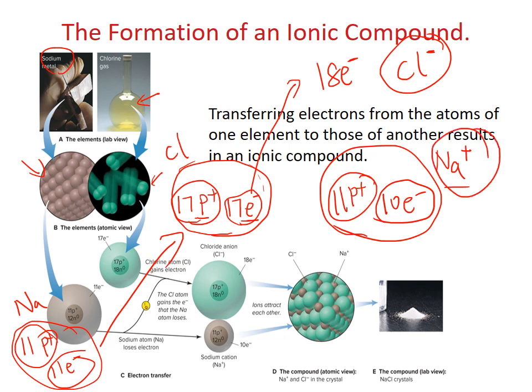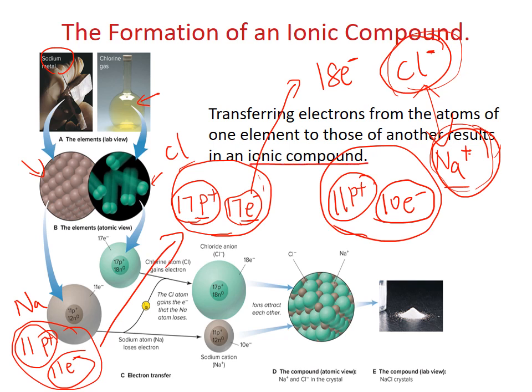Okay, so now we have a compound. One is a sodium cation, one is a chloride anion. One has a positive charge, one has a negative charge. They are bound together by charge attraction force, or ionic bond, and this compound is called an ionic compound.